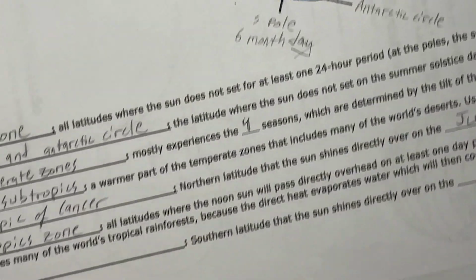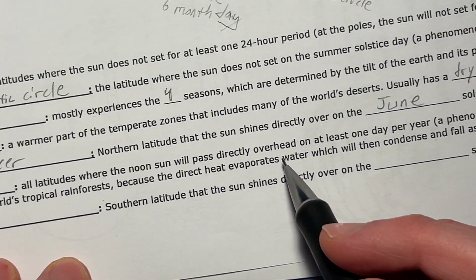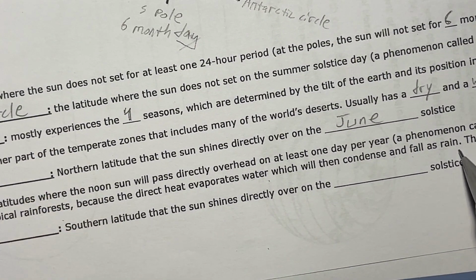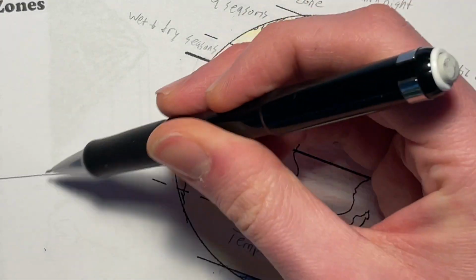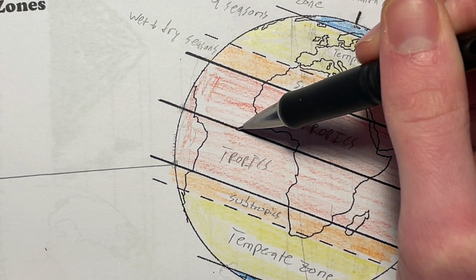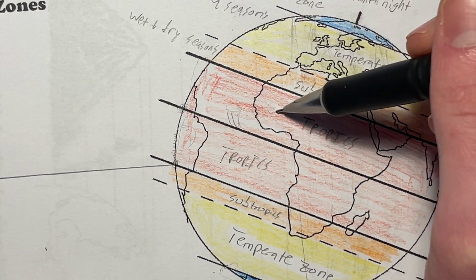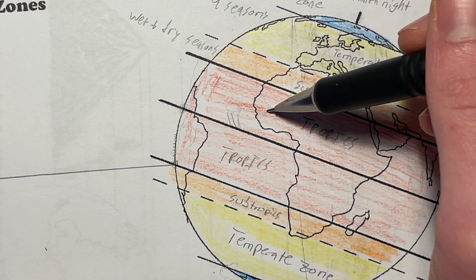All right, so the reason why it includes many of the world's tropical rainforests is because the direct heat evaporates water, which will then condense and fall as rain. So what happens here is I have intense heat in this area. All that water is going to evaporate and form clouds. Those clouds will then, as they get higher up into the atmosphere, get colder.